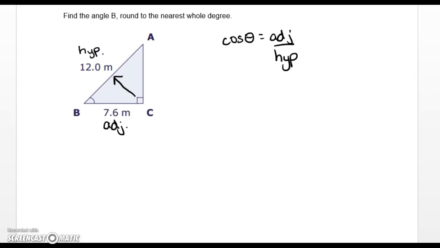So then I'm going to fill in all my information. So here I have the cosine. And in this case, if you want to change theta to angle B, since it's stated that the angle is that in the question, we can write it as cosine B is equal to your adjacent, which is 7.6, over your hypotenuse, which is 12.0.